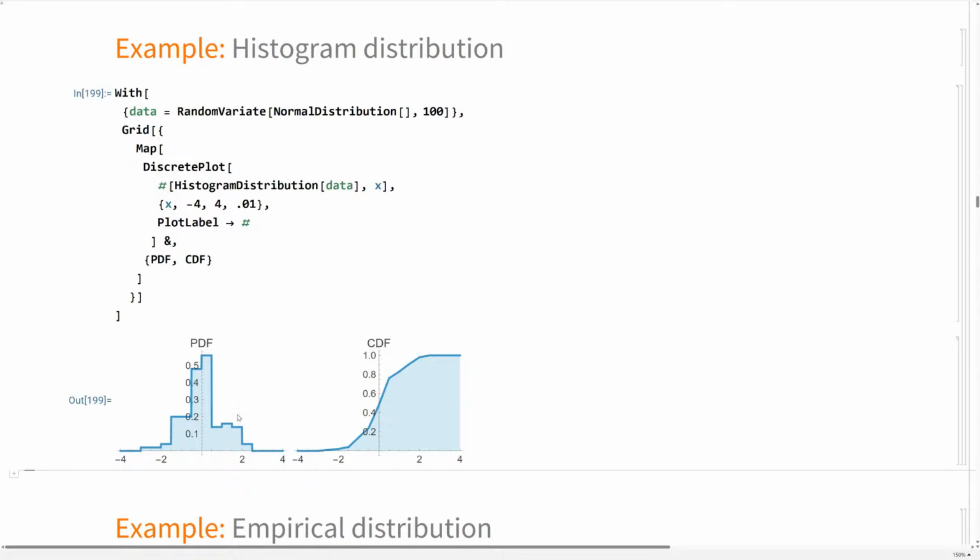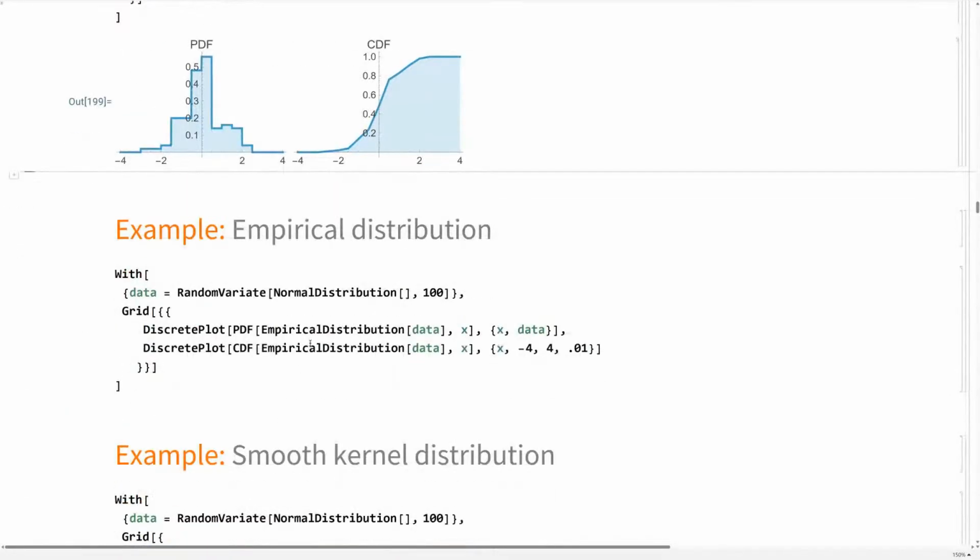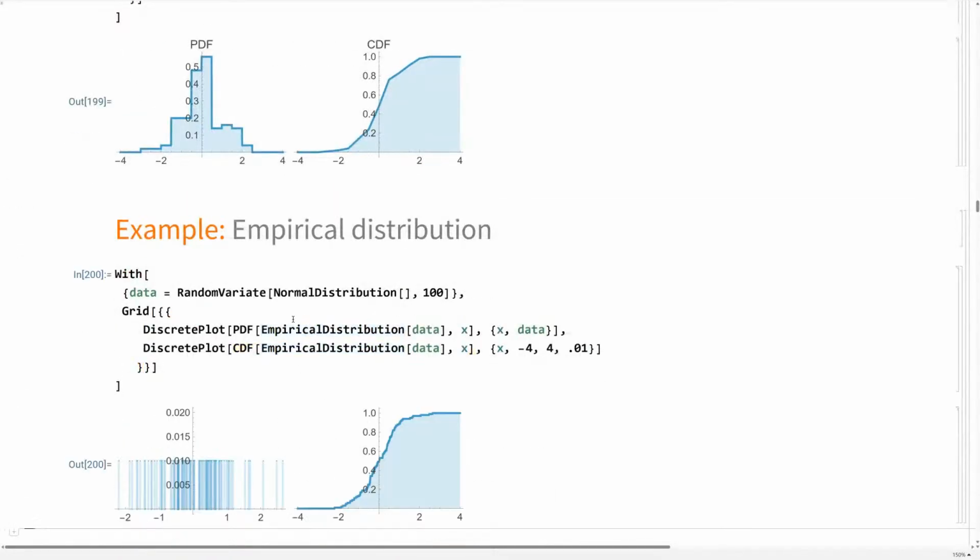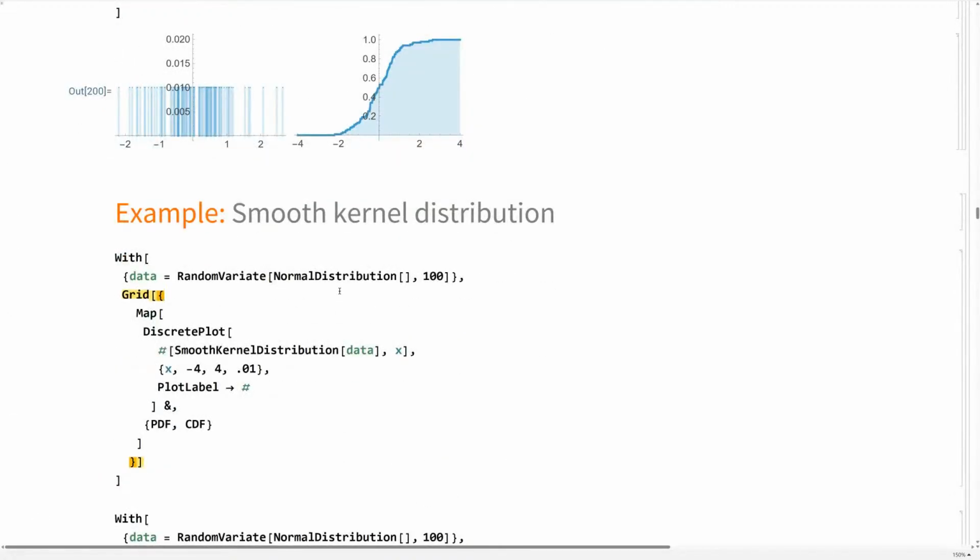In my opinion, this is just the outline of a histogram. The next example is the empirical distribution. This one is based on observation. We have a sample size of 100 here, and each sample has a 1% chance. And again, we have the smooth kernel distribution.